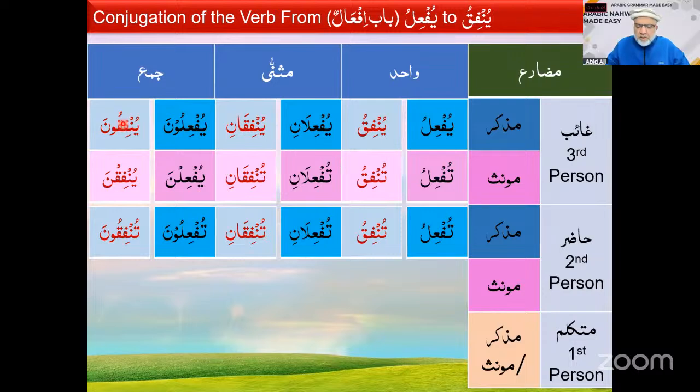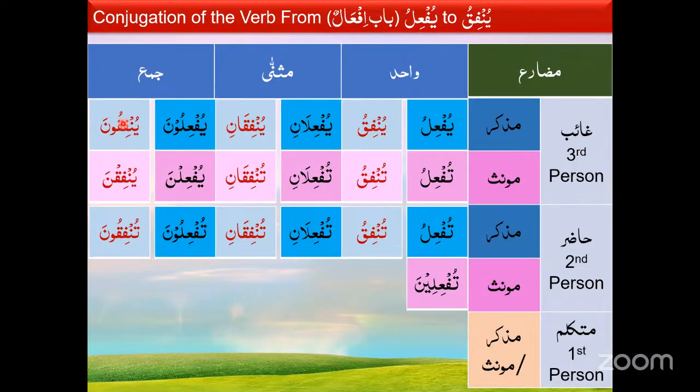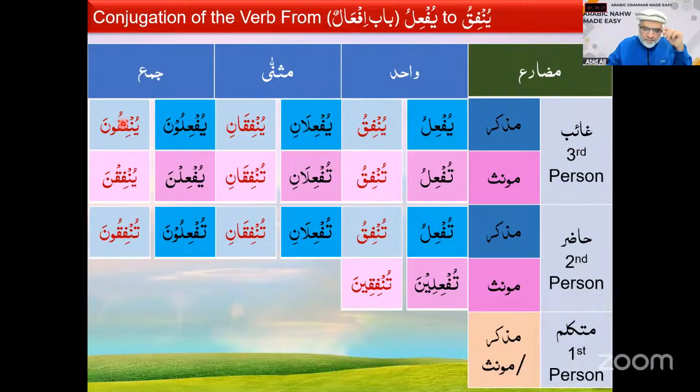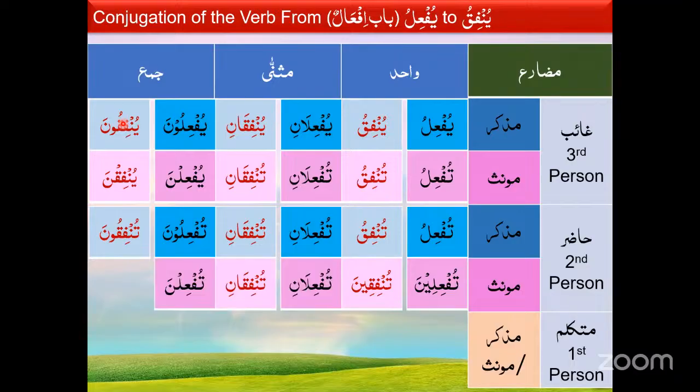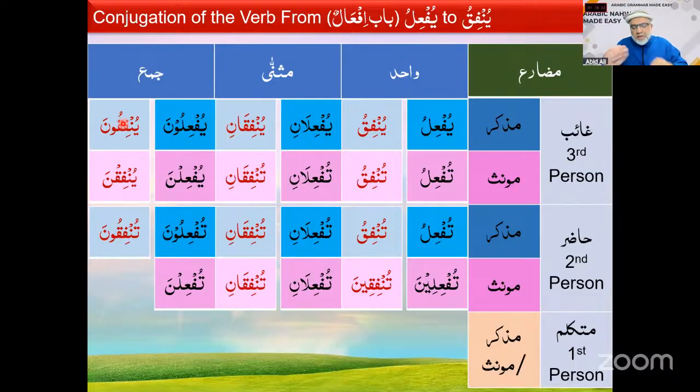Very good job. Okay, muannas will be tuf'ilina. So what will be? Tunfiqina. Yes? Tuf'ilani will become tunfiqani. And tuf'ilna will be... The alamat of the Muḍāri will stay, right?